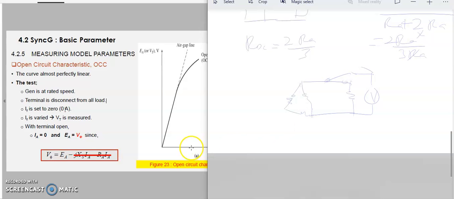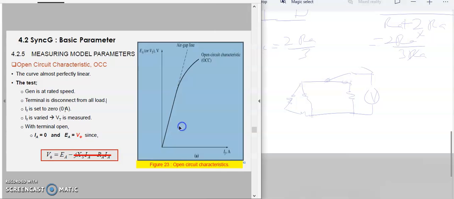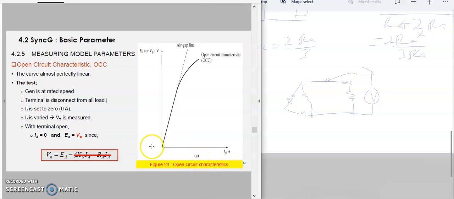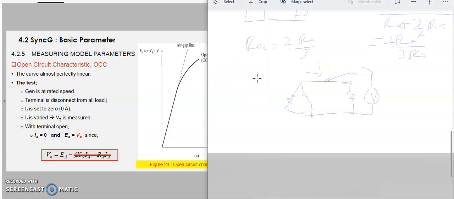And when we disconnect the load, we still measure with the voltmeter. So what happens to the trend? We measure the EA or the VT as we increase the field current, and IA is 0 now.